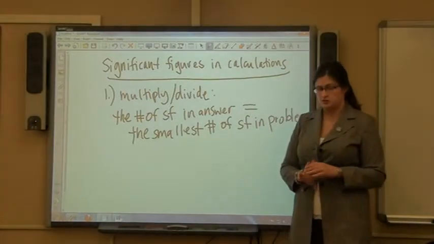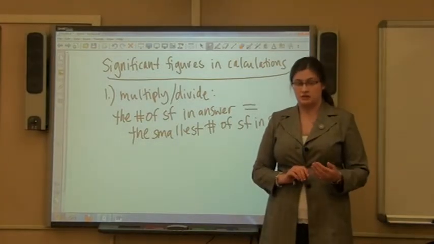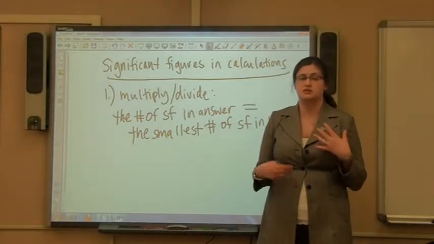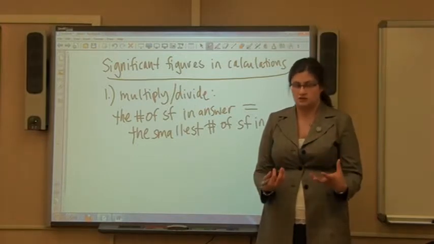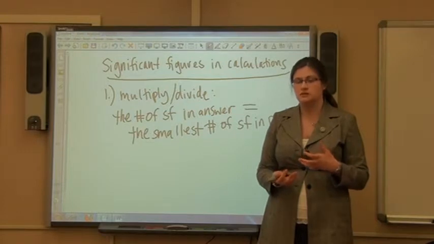Give you a moment to digest that. The number of sig figs in the answer, the number that you'll report to me that you'll circle as your final answer, is equal to the smallest number of sig figs in your problem.